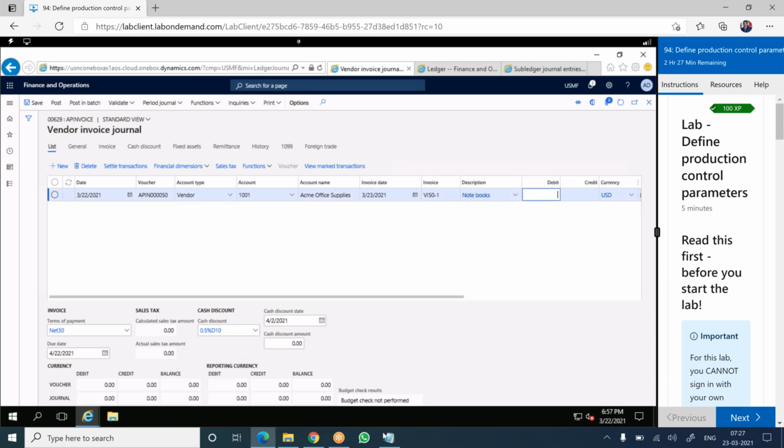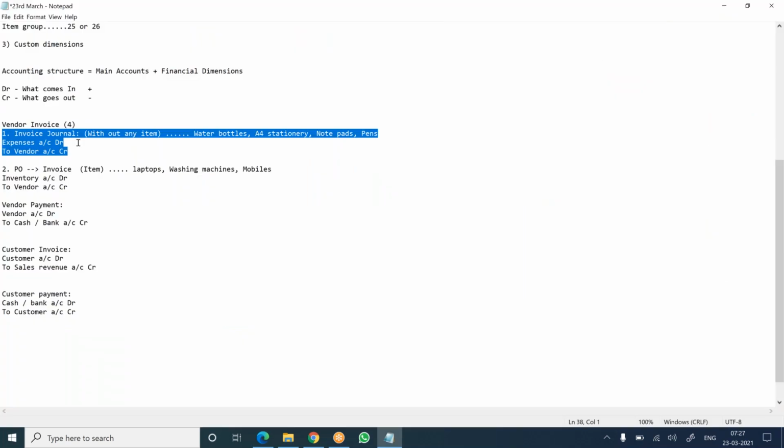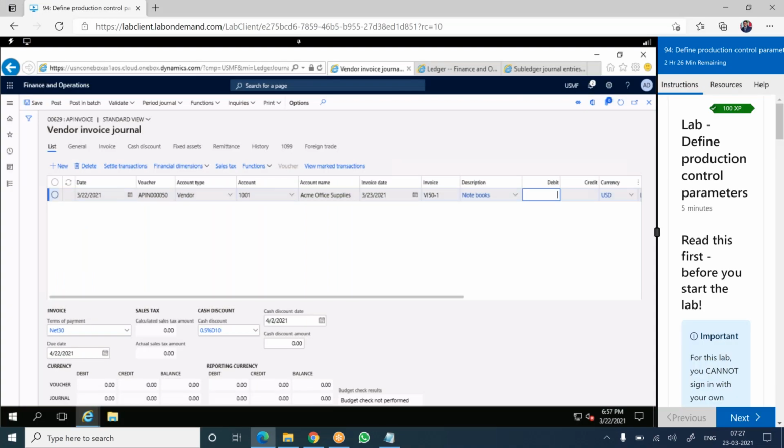Here we have discussed, if it is an invoice, the vendor account will be credited and the expense account will be debited. So vendor account credit, I have purchased a bunch of notebooks, this is $120.